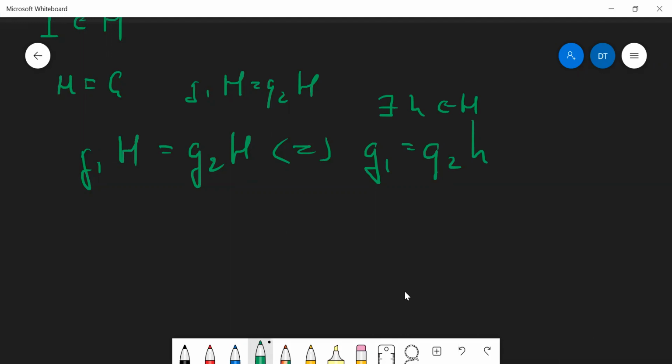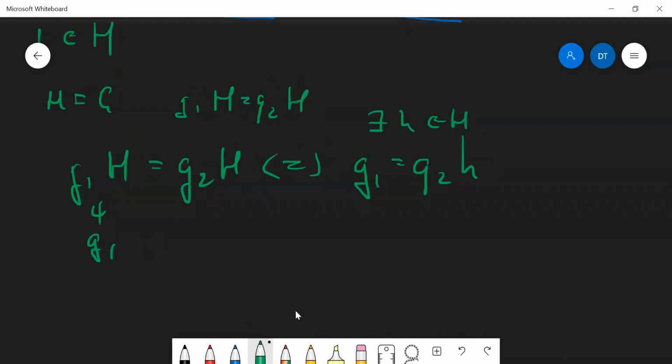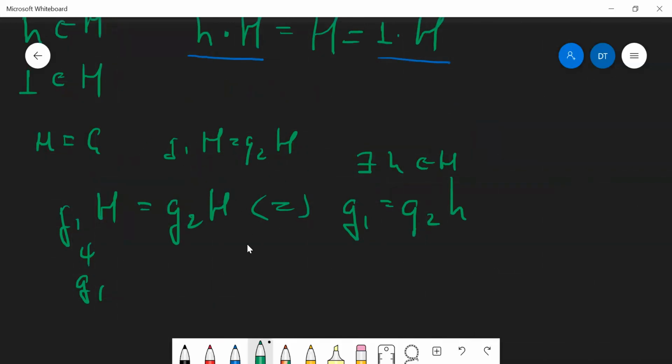Well, indeed, if you have this equality, G1 belongs to the left-hand side, because G1 times 1 belongs to the left-hand side. So G1 is always here because it equals G1 times 1. Why if H? Oh, why this? Okay, let me go one step back. So there was a question why we have this equality if H equals G.